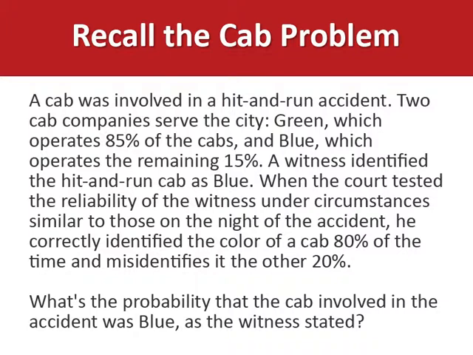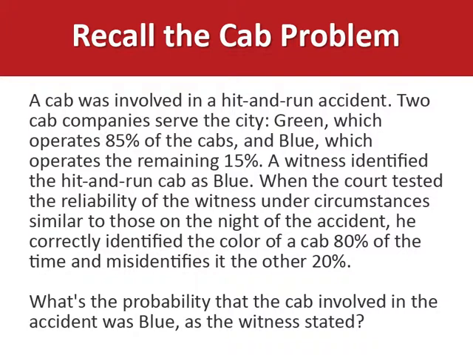So what they do in this case is the court goes out and actually tests the reliability of the witness by, for example, sending around a blue cab and recording whether he records blue or green on a cold, foggy, windy night. So what they can do is collect some data, some conditional data. What is the probability that the witness records blue given that the cab was actually blue or green?